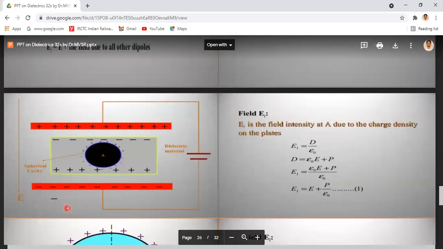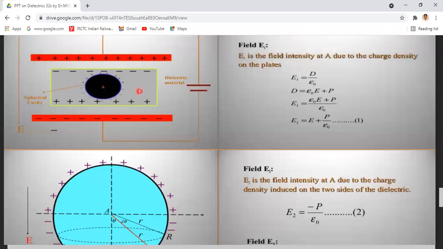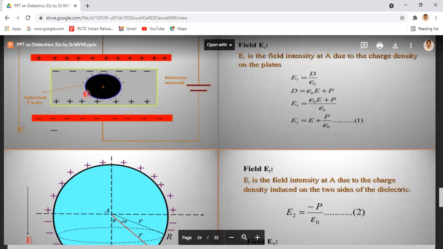So you have to calculate E4, because you have to assume a spherical cavity around this atom A inside the dielectric material.